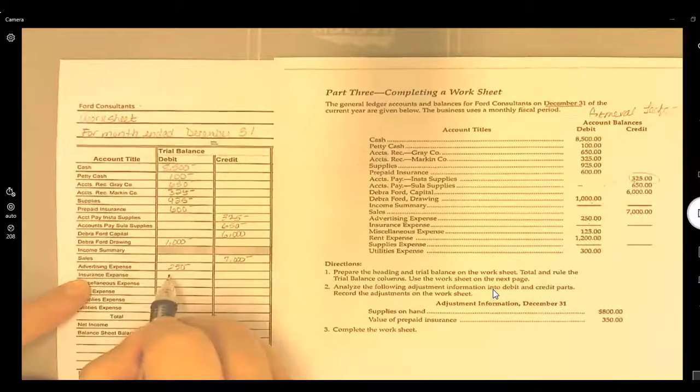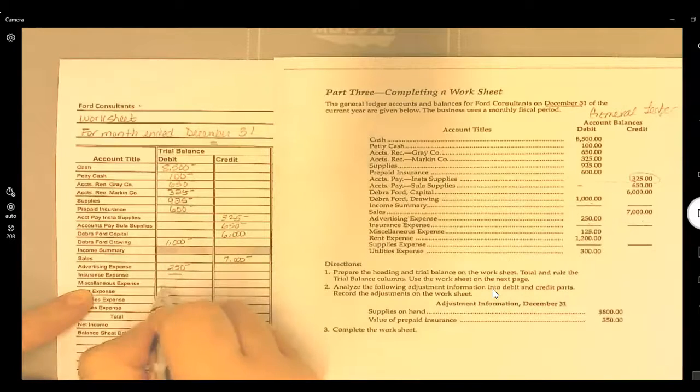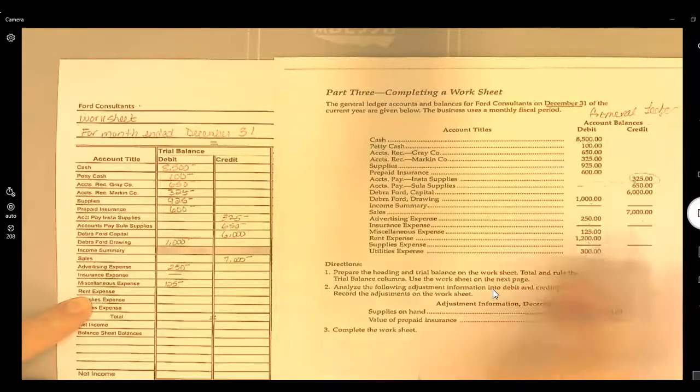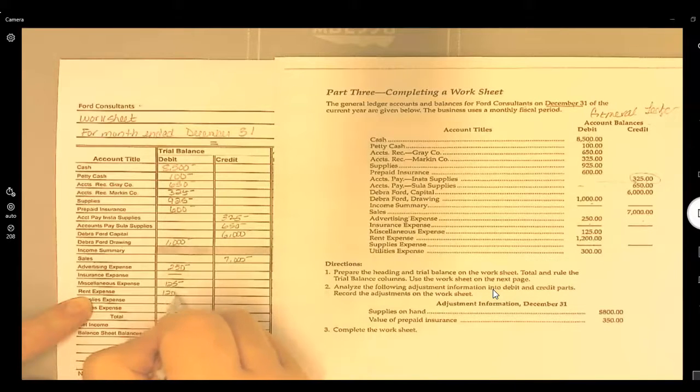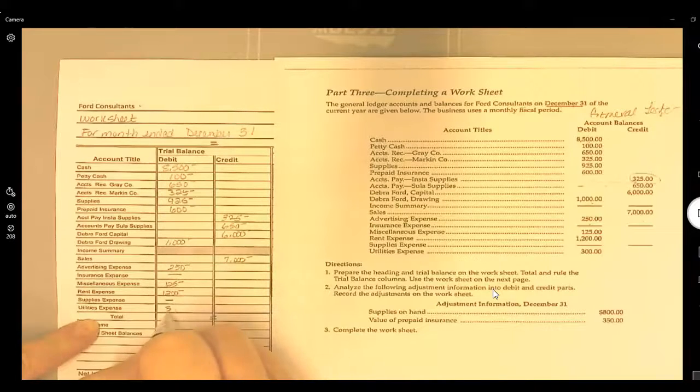There is no insurance expense. There is a line. Miscellaneous expense, $125. Rent expense, $1,200. No supplies expense as of yet. Utilities expense, $300.